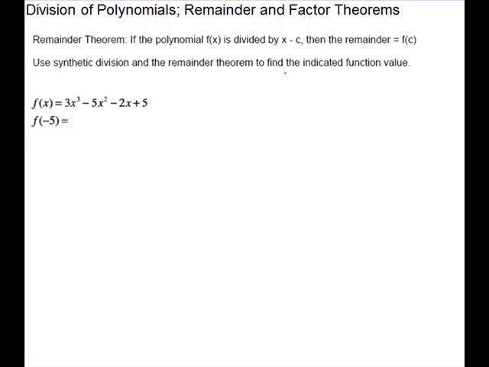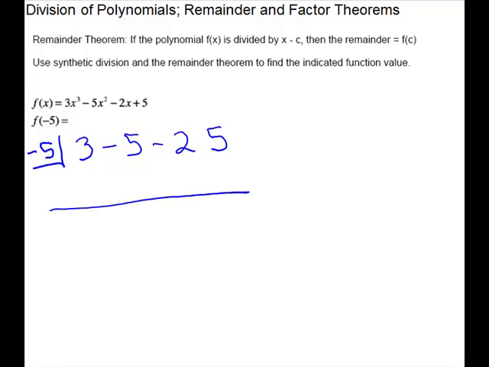So they want us to do synthetic division, and we are in descending order. So we have 3, -5, -2, and 5. Our divisor will be -5. We'll skip a row. Bring our first one down. 3 times -5 is -15.